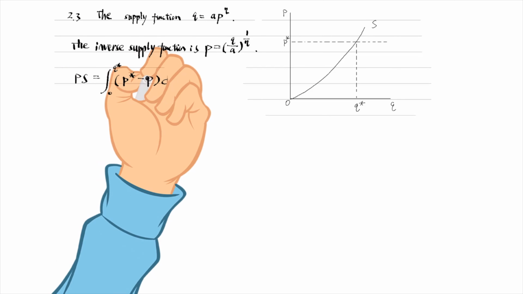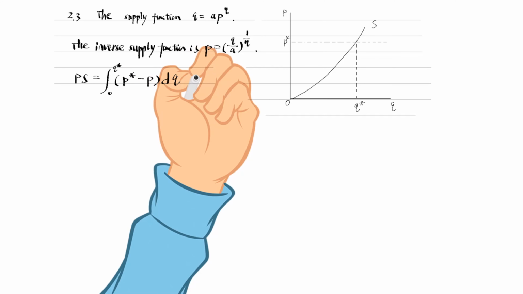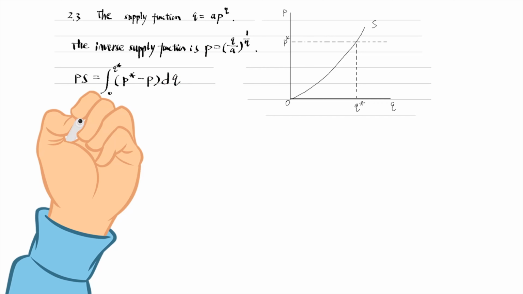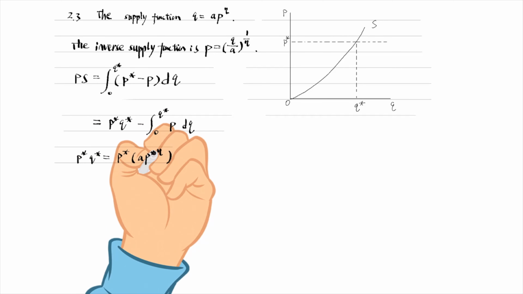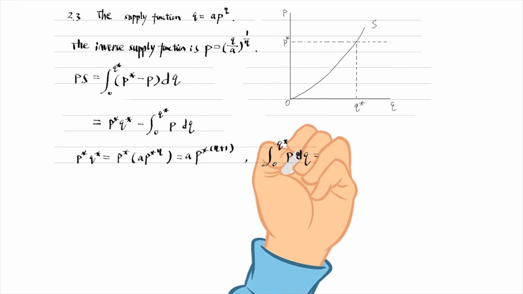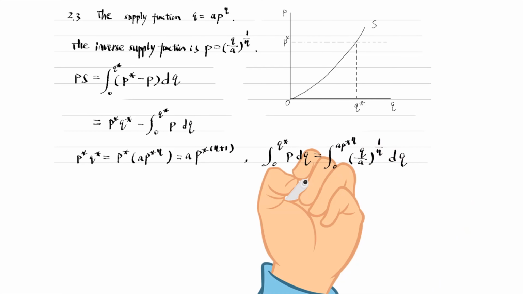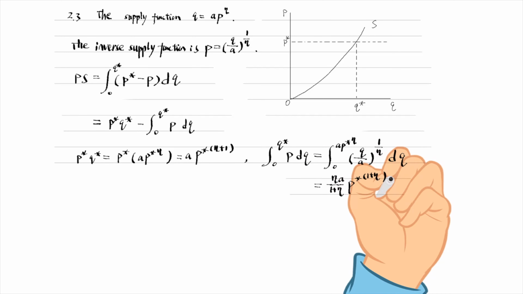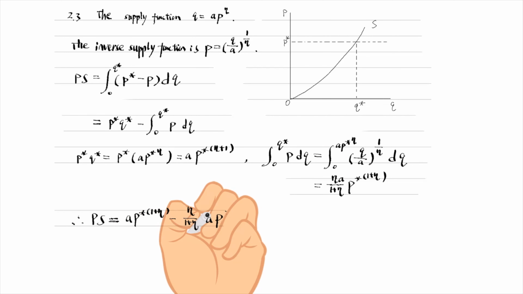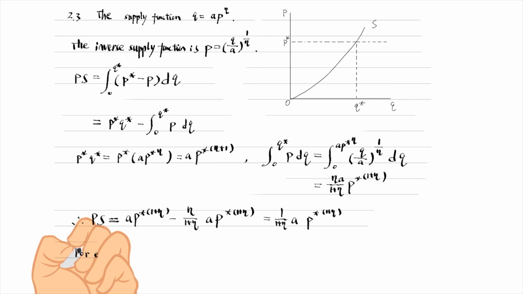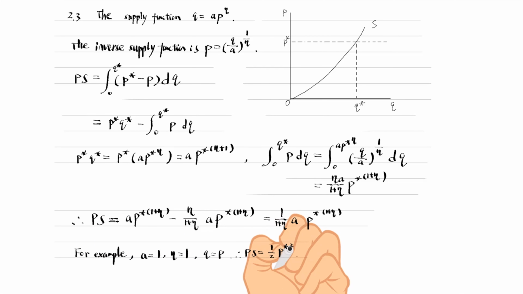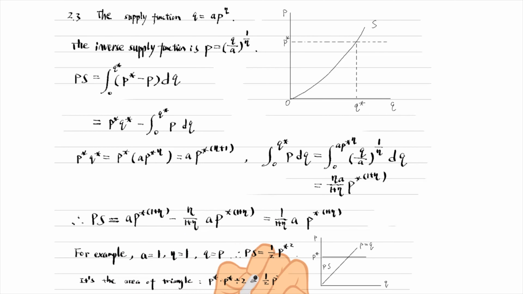The producer surplus equals the area above the supply curve and below the market price line at P star up to the quantity sold, Q star. After obtaining the answer, we can set the values of A and eta to see whether we have the correct answer.